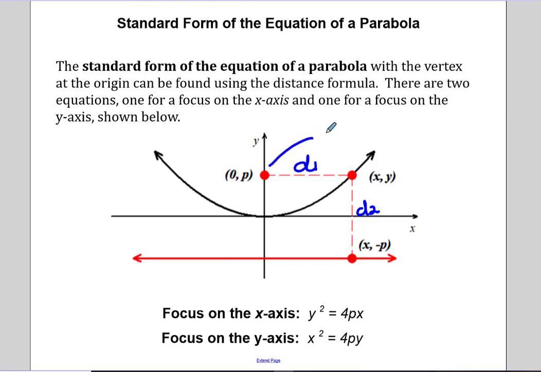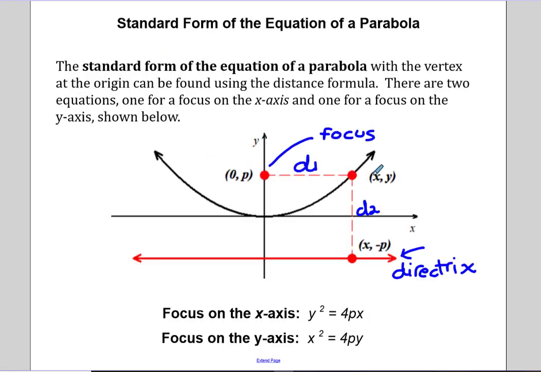This point here is the focus, and this line is the directrix. And by definition, we said that any point along the parabola is equidistant from a focus point and from the directrix line.